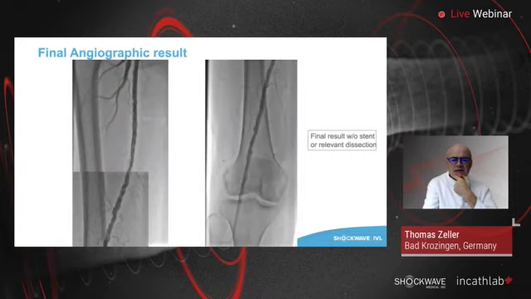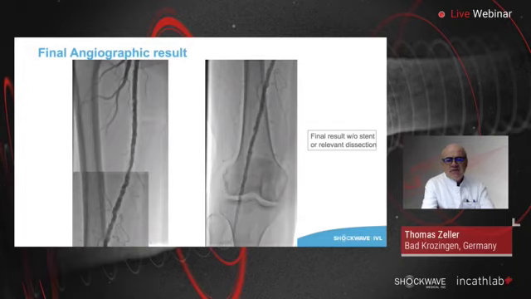So we have now a good luminal gain, and most important is that there is no dissection, and everybody who is performing interventions in such kind of lesions knows that if you simply perform plain balloon angioplasty, even followed by long drug-coated balloon inflation, you will see some dissections, and they may also result in stent implantation.